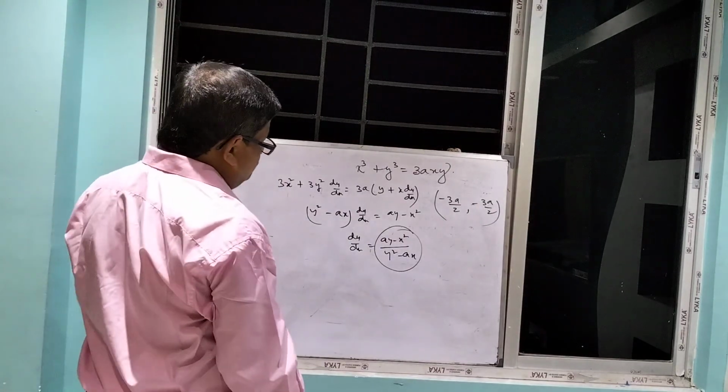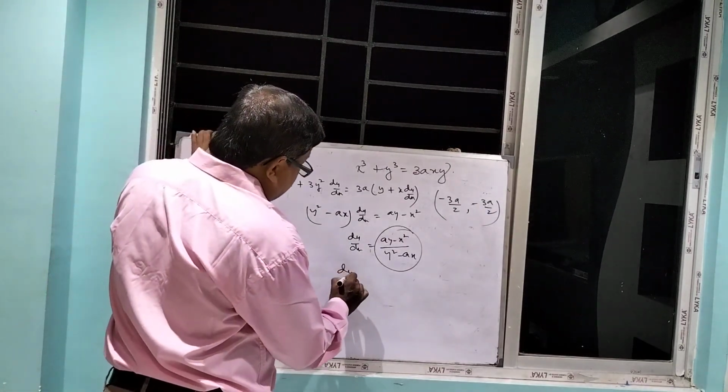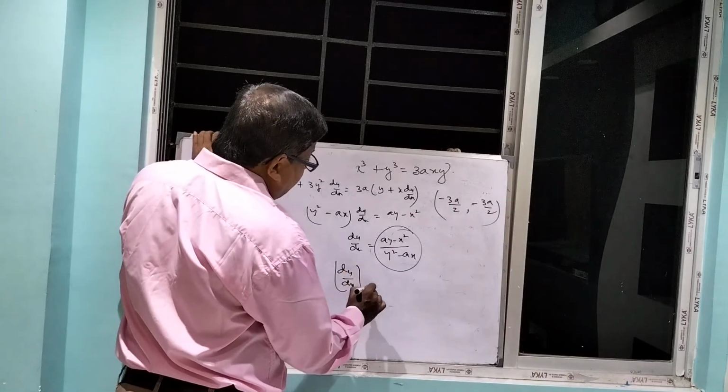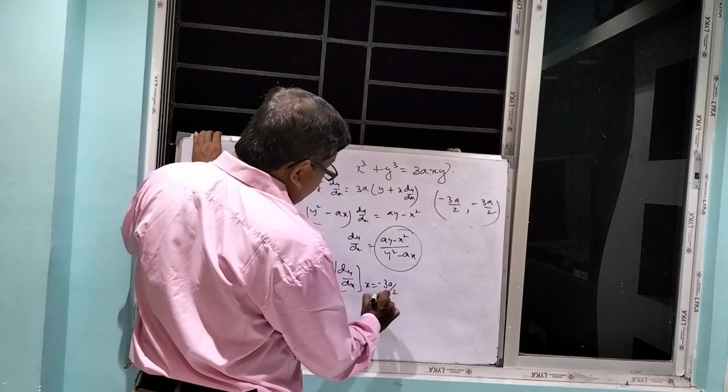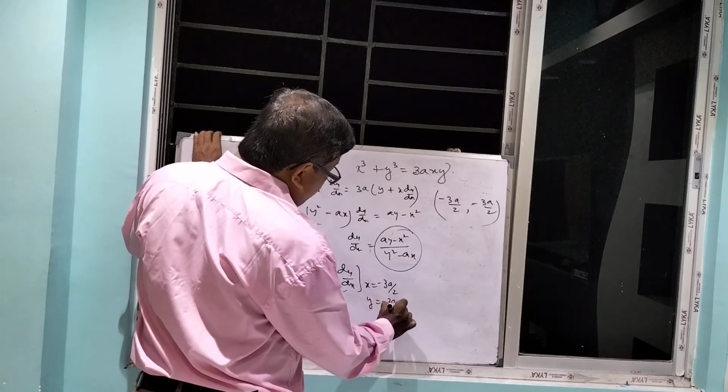Now dy/dx at the point, so x equal to 3a/2, y equal to 3a/2.